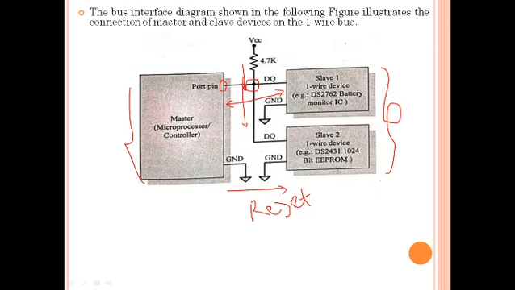of the device. So this is the address of the slave device with which it wants to initiate a communication. So with the 64-bit address, the master specifies the slave with which it wants to communicate.